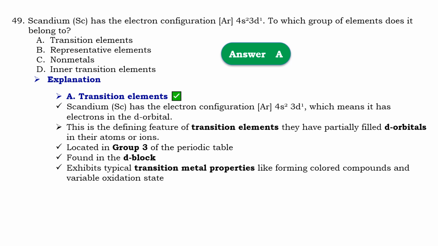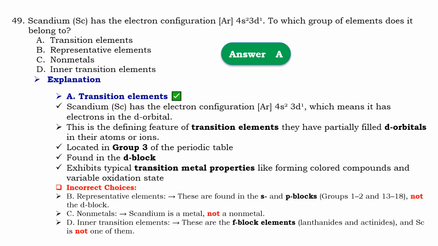So this element is located in group 3 in the periodic table, and it is found in the 3d block and exhibits transition metal properties like forming colored compounds and variable oxidation states. And when we look at the other options: B, representative elements, are found in the s or p blocks, groups 1, 2 and 13 to 18, not in the d block.